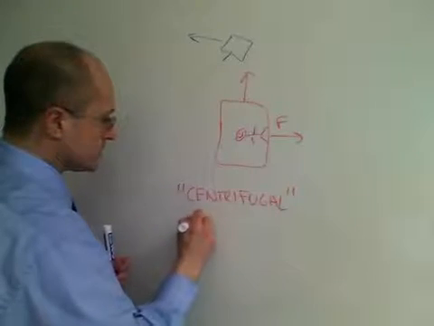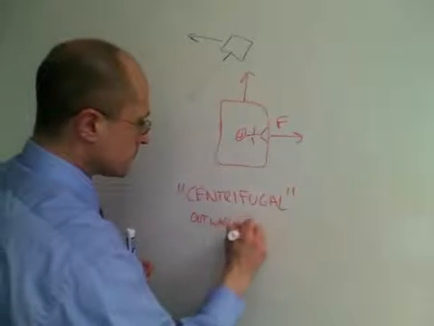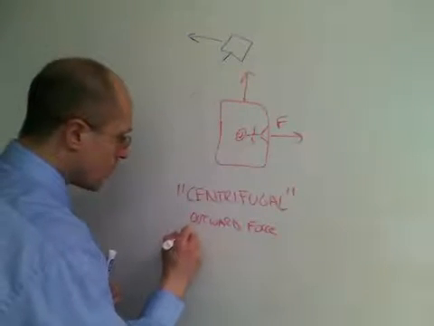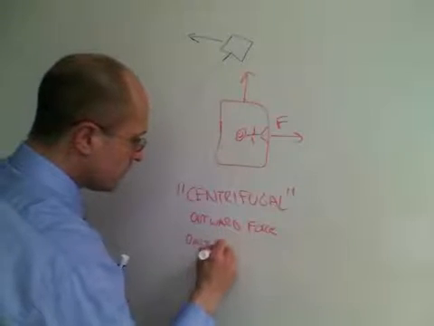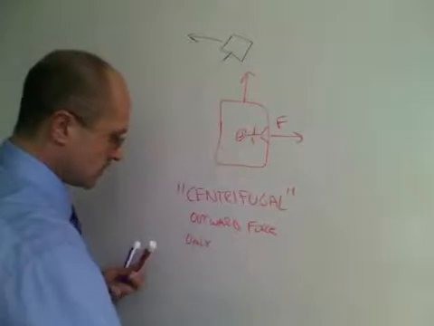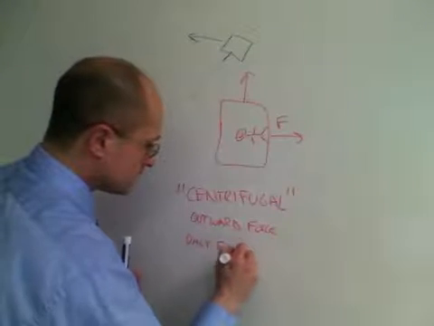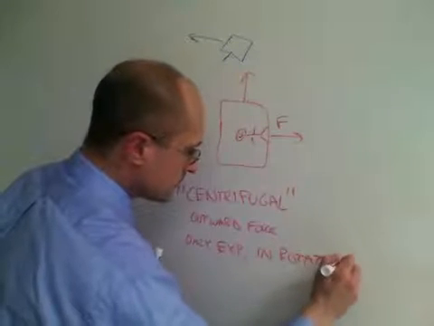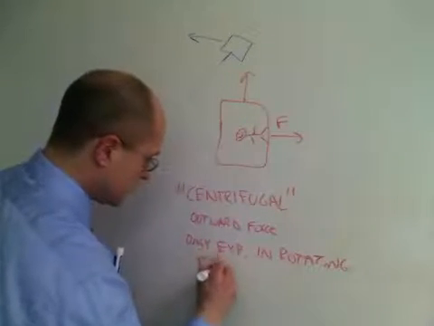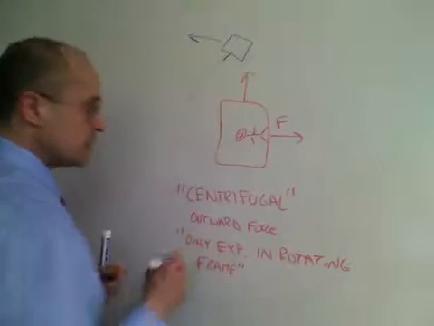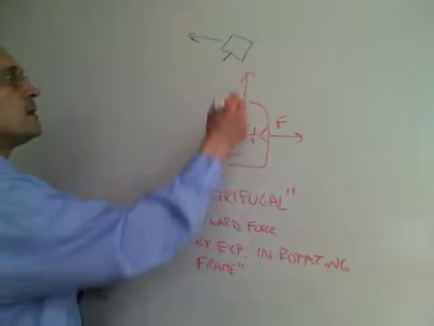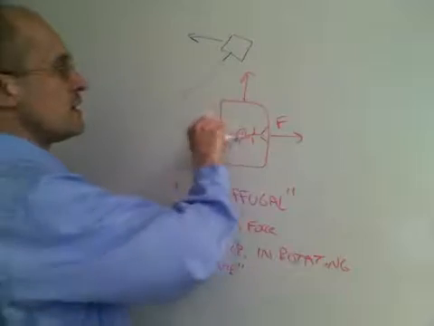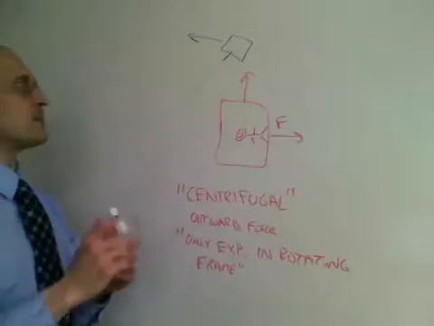The centrifugal force is an outward, or center-fleeing, force, but this force is only experienced in the rotating frame. So you only experience it if you're sitting inside the can as it moves, and you feel a force pinning you to the bottom of the can.